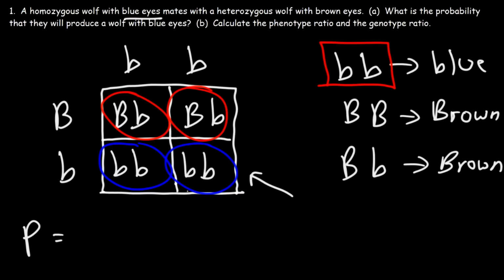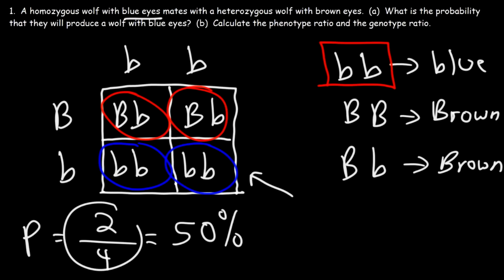In this case, there's 2 with blue eyes out of a total of 4. So 2 out of 4, that's 1/2, which is 50%. If you divide this, you'll get 0.5 in your calculator and then multiply that by 100. That will give you 50%. So that is the probability that they will produce a wolf with blue eyes.